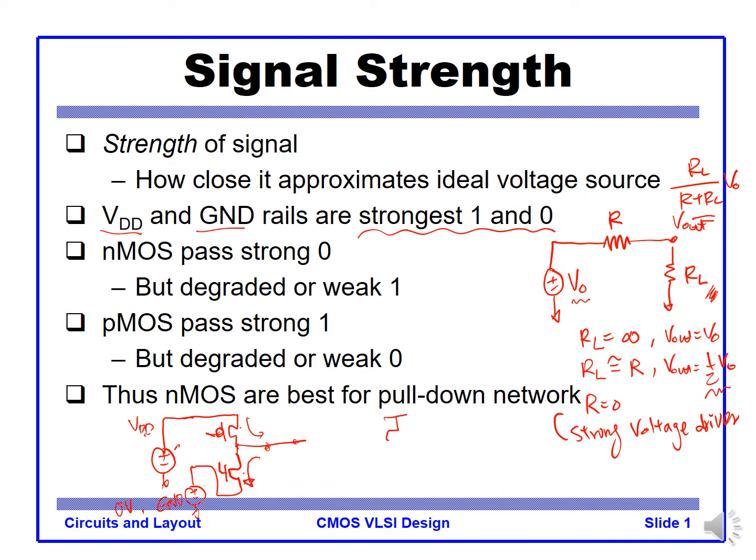But what happens if we swap the device type between VDD and GND? For pull up we try to use the NMOS, and for pull down we use the PMOS. Then, say the NMOS is trying to deliver the load current in this direction, so the drain and source are here.